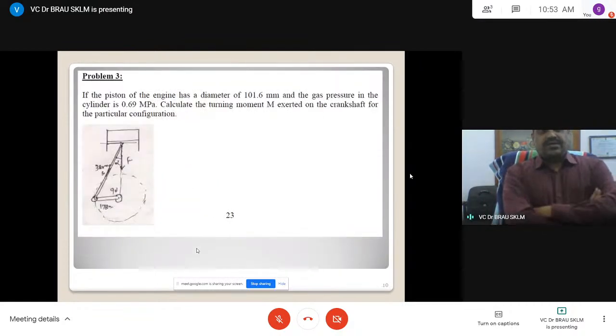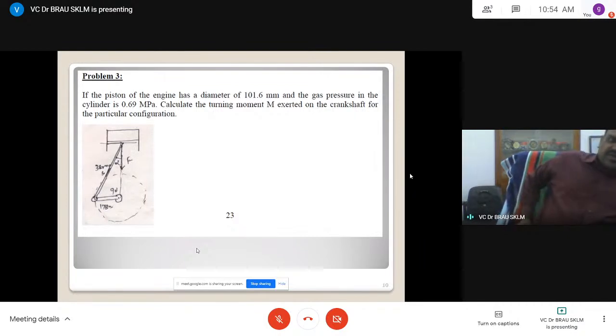Now let us consider if the piston of the engine has a diameter of 101.6 mm and the pressure in the cylinder is 0.69 megapascal.